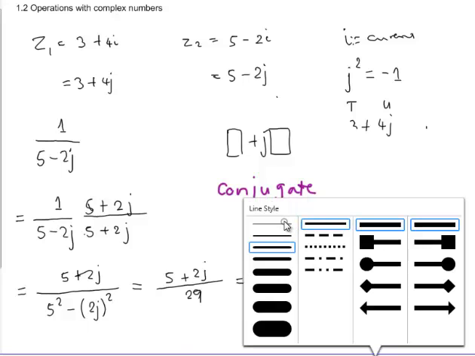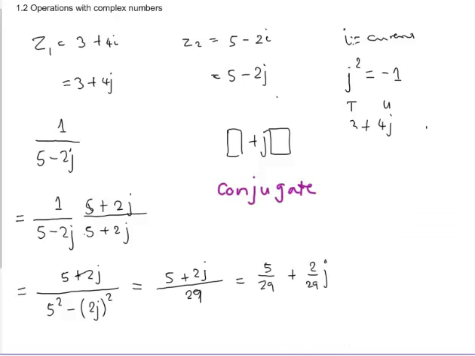The notation for this conjugate is as follows. If I've got Z, a complex number, I write a bar there. I just write Z bar. When I read that, I read it as conjugate of Z.